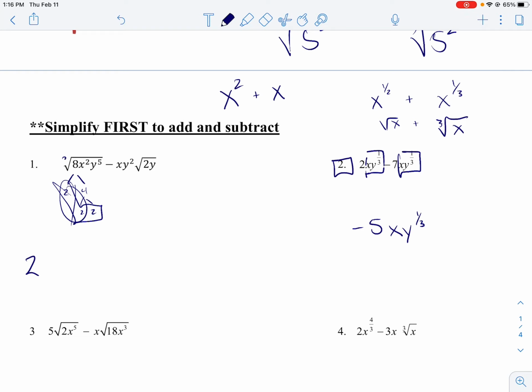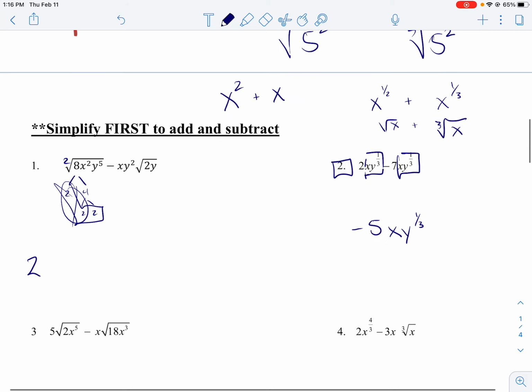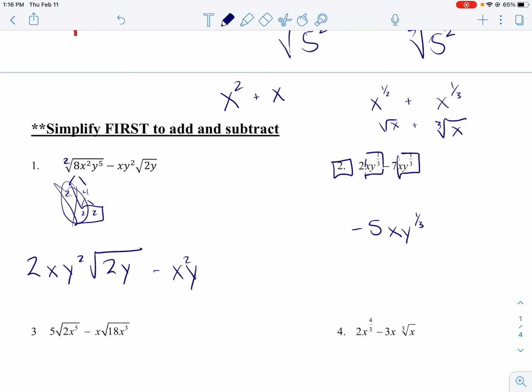All right, let's see. We have a 2 here, right? So how many x's can I bring out? Just 1 with a remainder of 0. And then 2 goes into 5. How many times? Twice with a remainder of 1y. So there is that minus x squared, or xy squared, square root of 2y.